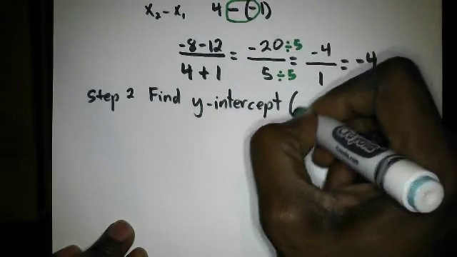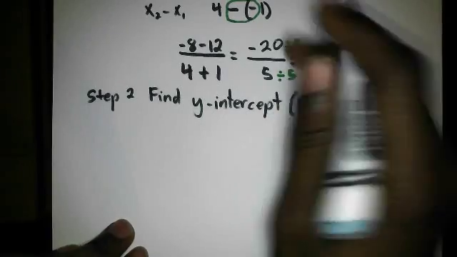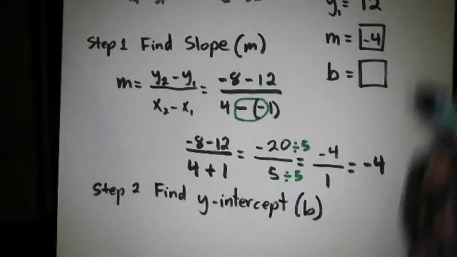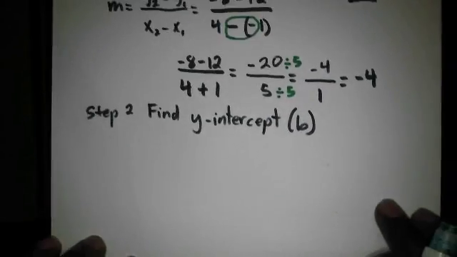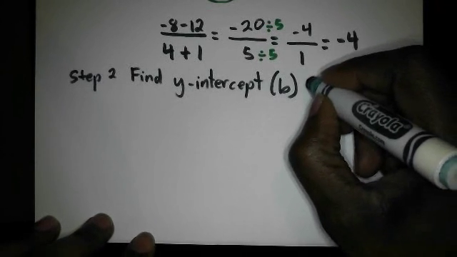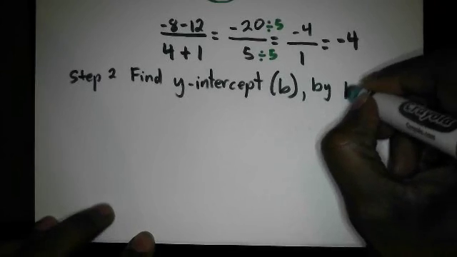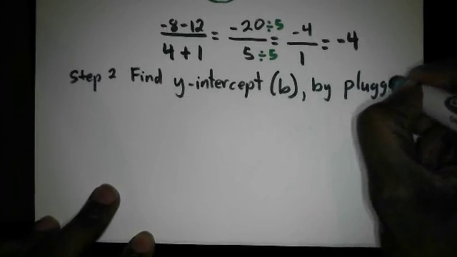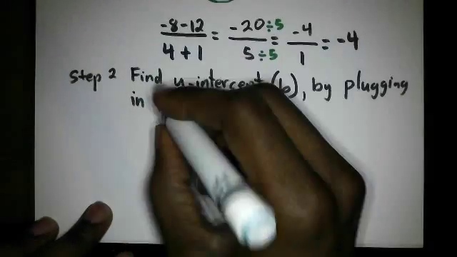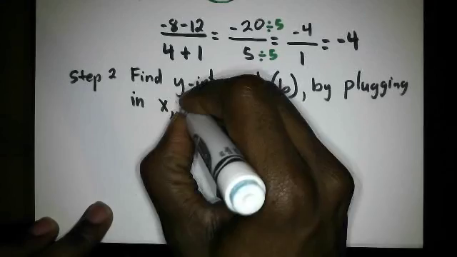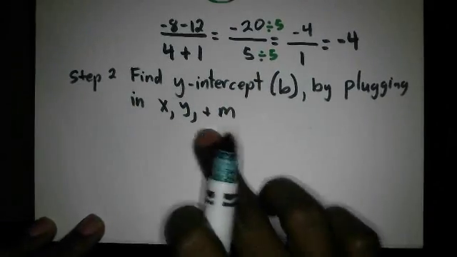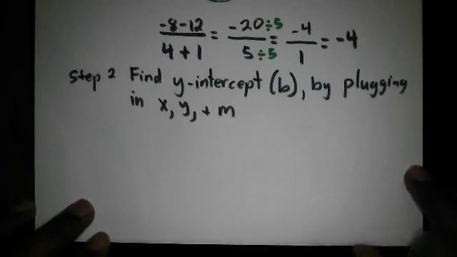And remember, y-intercept is B. I did not stress it with step 1: slope is M. So the y-intercept is B. We're going to find it by plugging in X, Y, and M. These are the 3 letters that we're going to plug in.